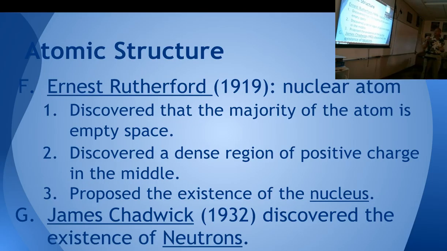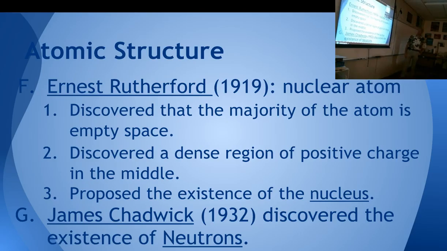And then he says the electrons are floating around the outside and leaving a lot of room in the atom that's empty space, with just electrons zipping around. So Ernest Rutherford in 1919 postulated the existence of the nucleus, some solid thing surrounded by electrons.